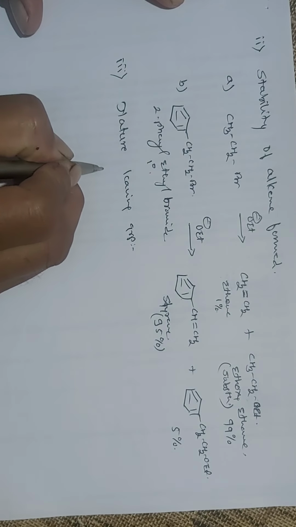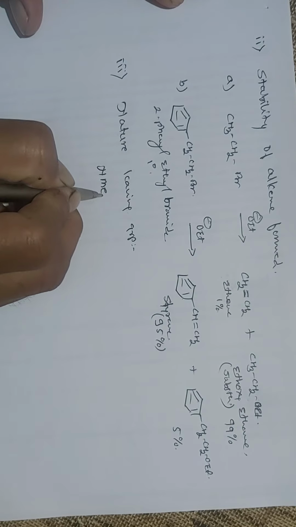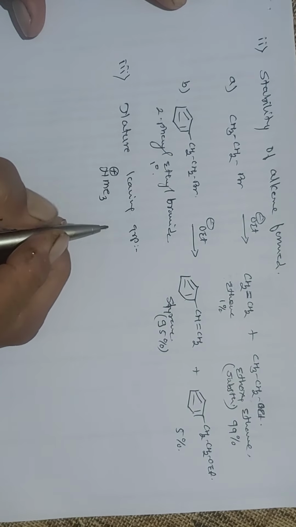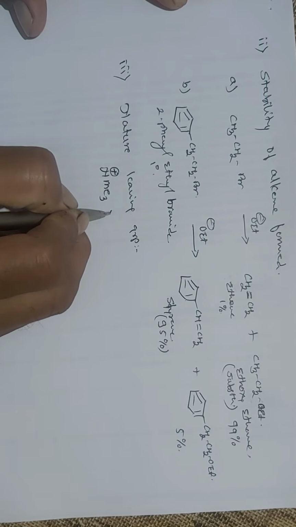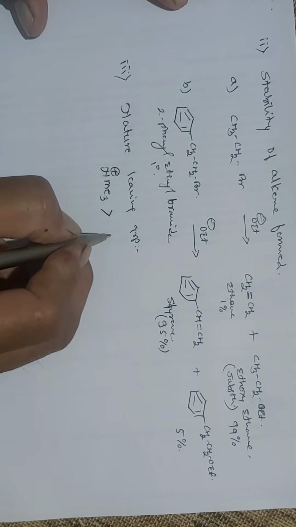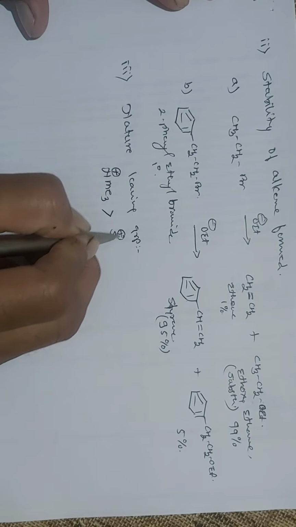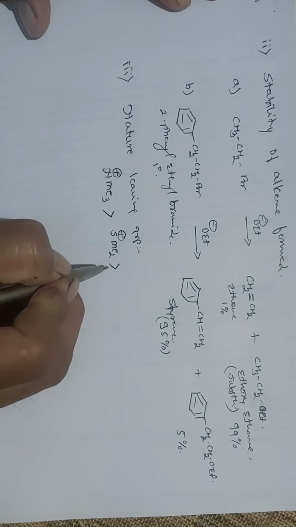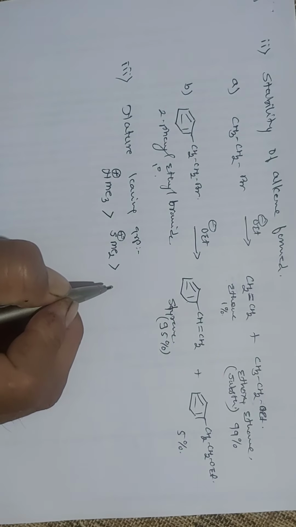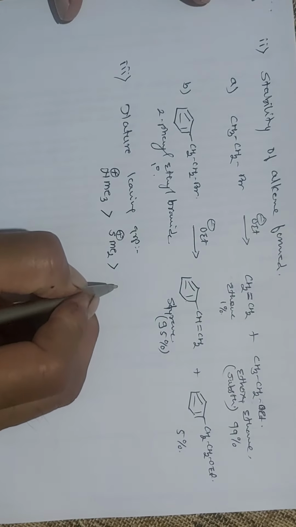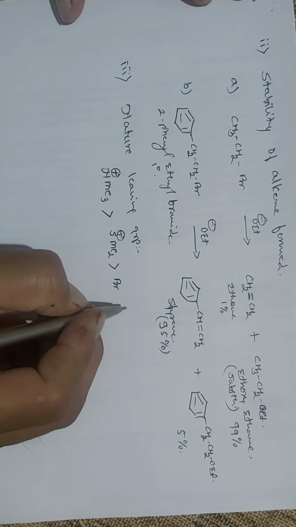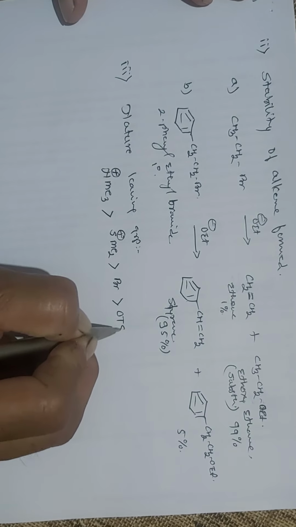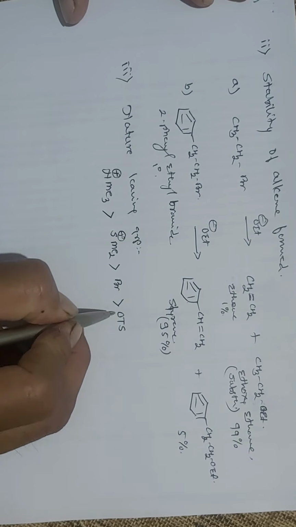The leaving groups are, in order, NMe3, that is trimethylamine, which is more bulky, then the dimethylsulfonium ion, then bromine, then OTs, the tosylate.